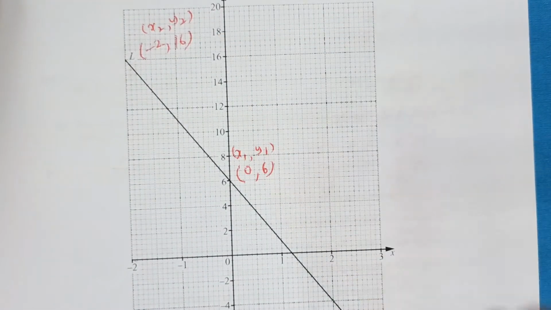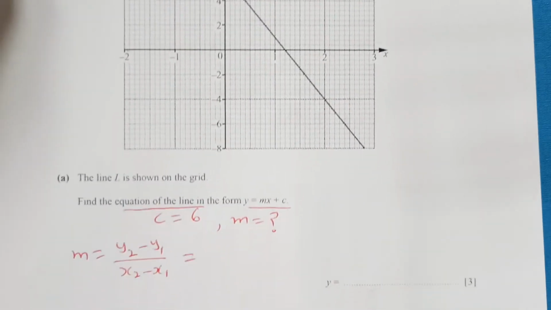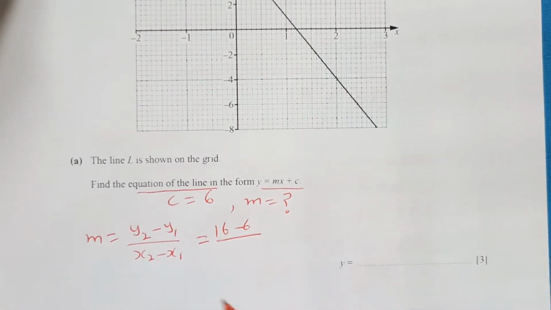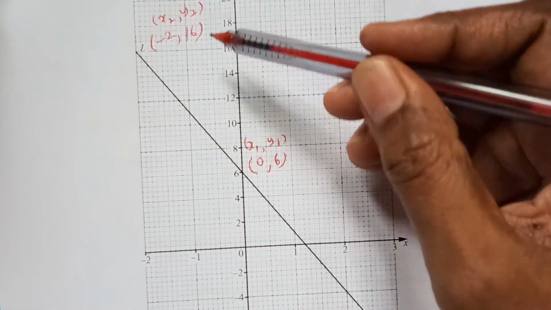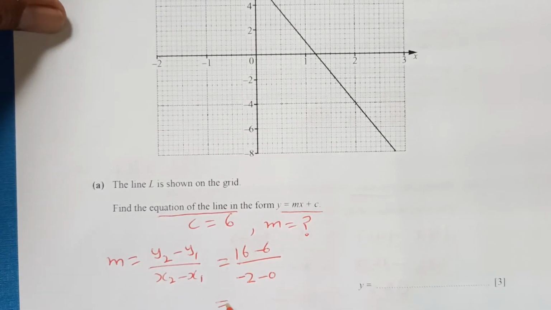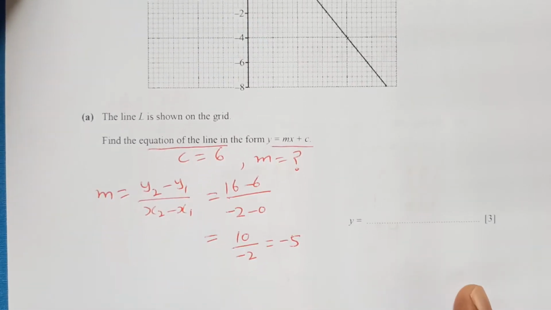So y2 minus y1 means 16 minus 6, and x2 minus x1 is negative 2 minus 0. 16 minus 6 is positive 10, over minus 2. So this is minus 5.